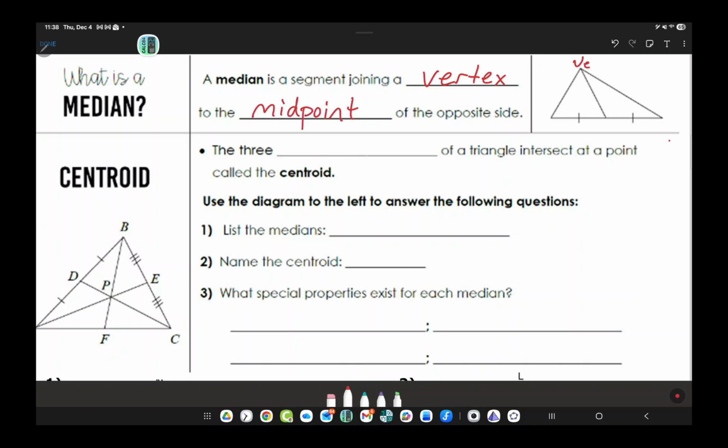So, vertex, midpoint. Now, what that means is we bisect the opposite side. Now, when three medians intersect, they intersect at a point called the centroid.